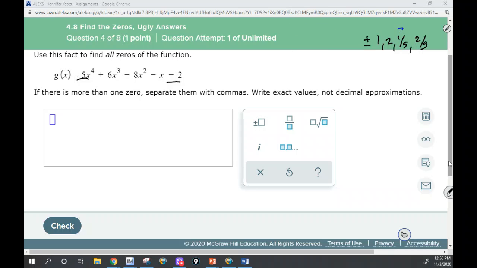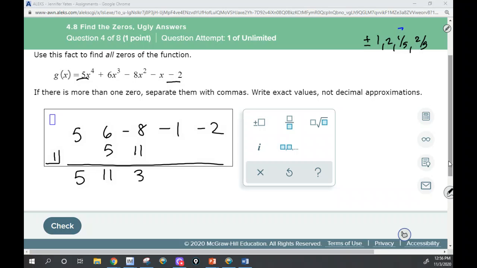All right. Should we start with the nice numbers? 1, 5, 6, -8, -1, -2. 5, 5, 11, 11, 3, 3, 2. Oh, look at that.